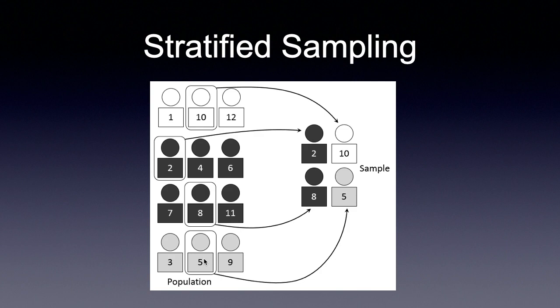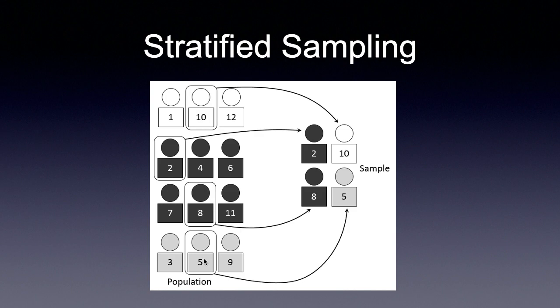So why is that? The idea with stratified sampling is we can implement this thing called proportional allocation. So if strata 1 has the largest number of subjects in it, then strata 2, 3, and 4, it would make sense to have a larger part of our sample coming from strata 1.